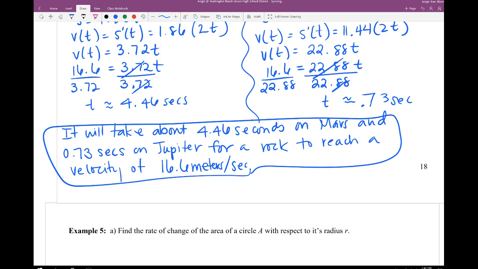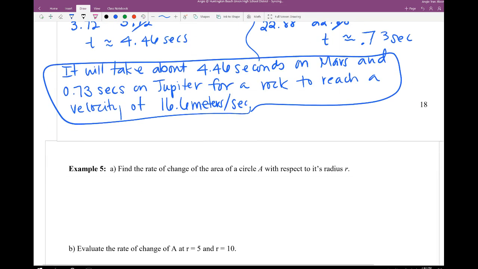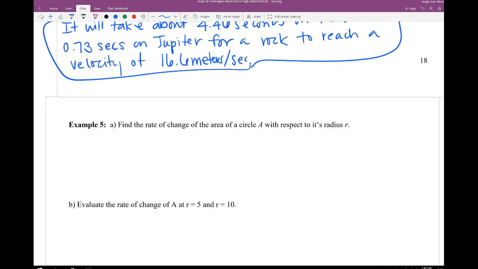Okay, here we go. Let's do the next question. Find the rate of change of the area of a circle, let's call this A, with respect to its radius. Okay, so let's remind ourselves the area of a circle is A equals what?